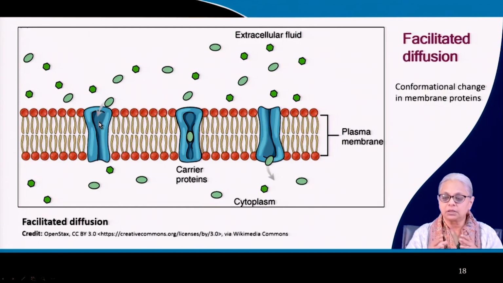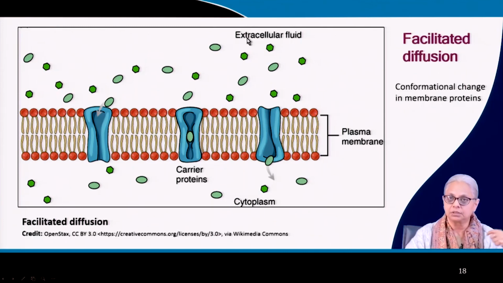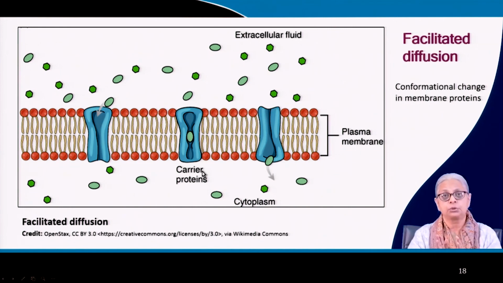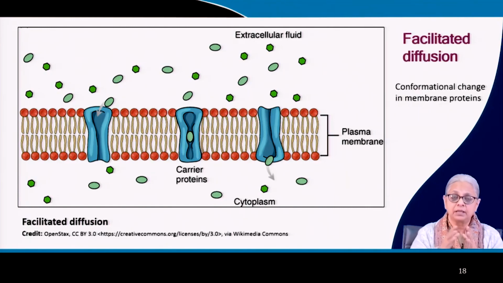There will be what is called a conformational change. The shape of the protein will change. So it will open up on the side that the substrate is, and then it will slowly push the substrate into the cell or the cytoplasm. So you have the cytoplasm at the lower end and you have the extracellular fluid on the other side. So these are carrier proteins that are pushing through. It's still based on concentration gradient, and they're pushing through by changing the shape of the protein.